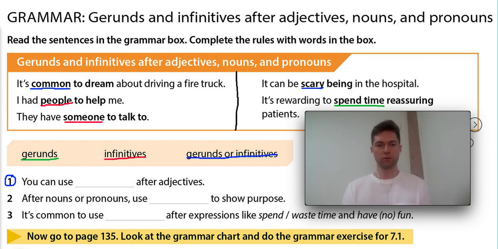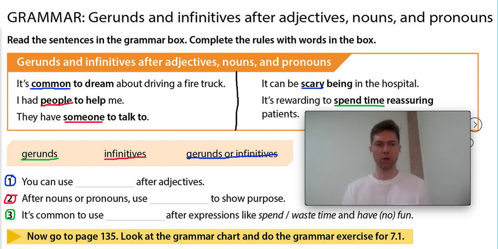Number two, after nouns or pronouns we use infinitives. Okay, and after expressions like spend, waste time, we use gerunds. Okay, three rules. Just remember these three rules. You can pause and try to read again these rules and try to understand them better.